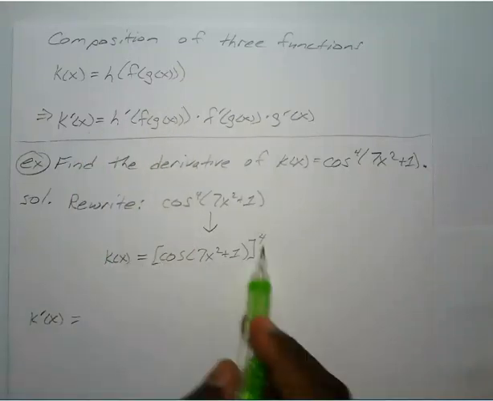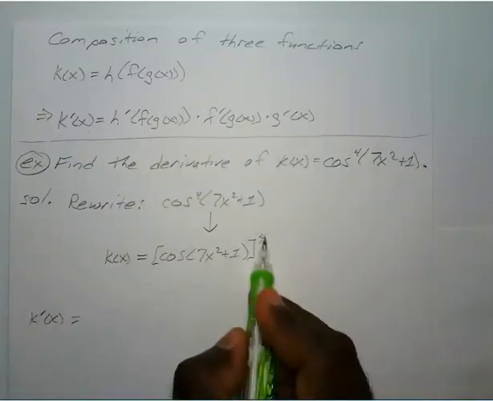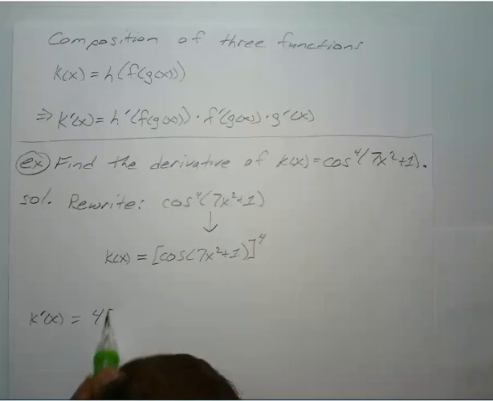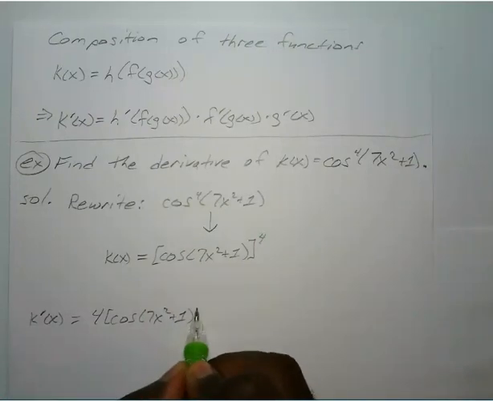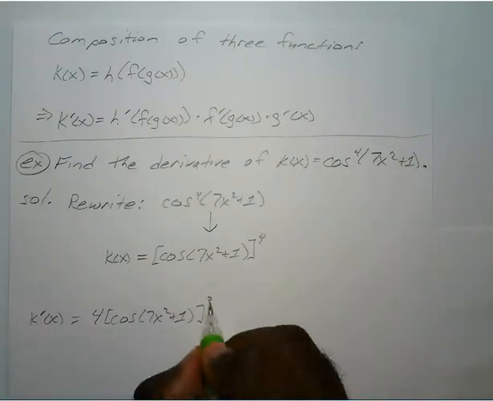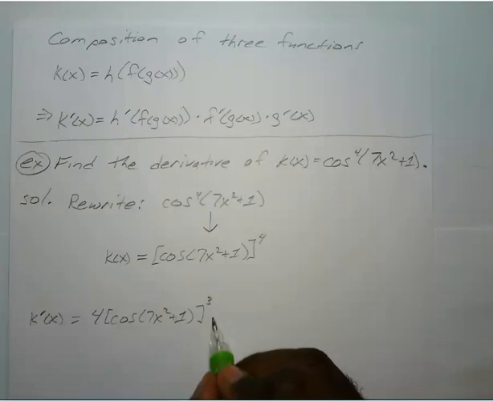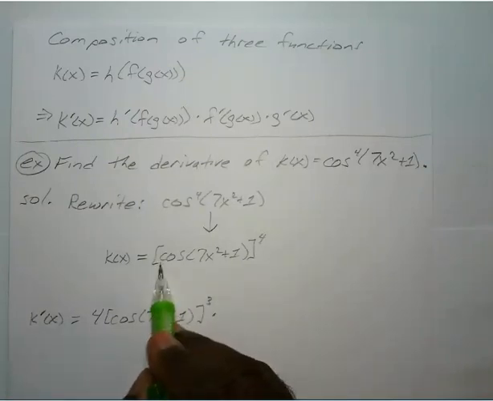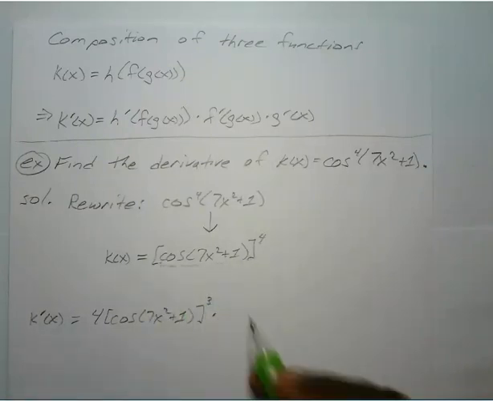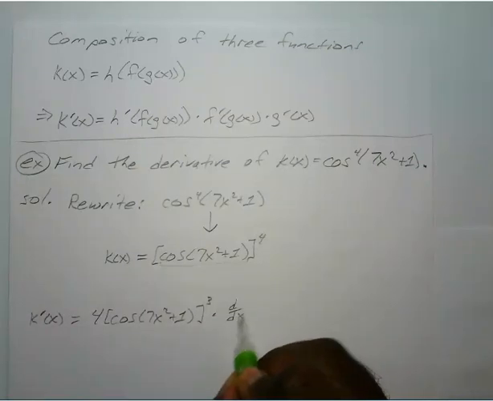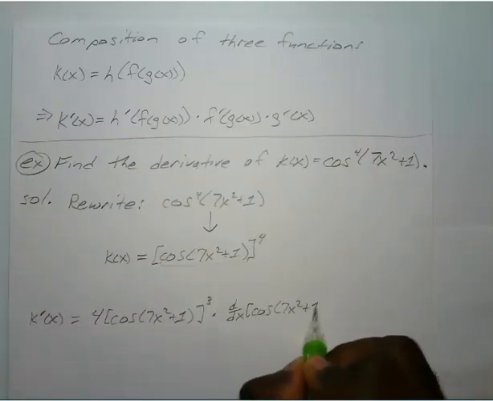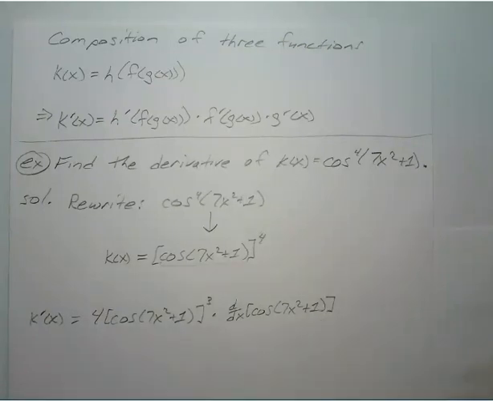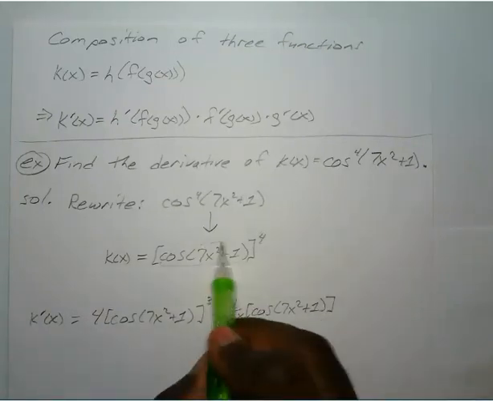So you bring down our 4, cosine of 7x squared plus 1, then we subtract 1, so that's to the third power, times the derivative of that whole thing, so that's the derivative of cosine of 7x squared plus 1, times the derivative of what's in there.